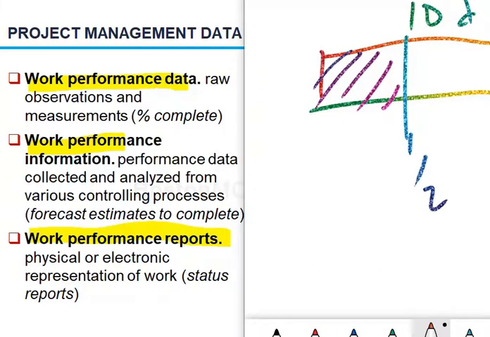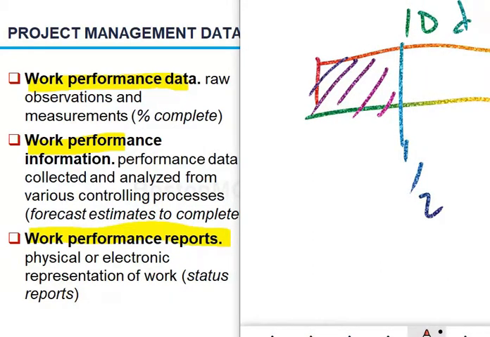So that's the first one that you see there. That's the work performance data on the left, and that tells you that they've done 5 days worth of work. The work performance information is where you translate that to say that it looks like we're on time, because we've completed 5 days worth of work in 5 days, and that's what we expected. So my work performance information will say that we're on track.